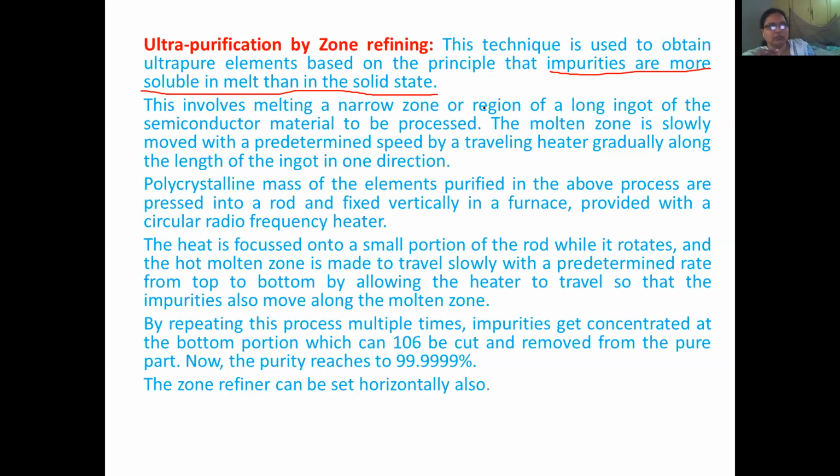So what we do here is we take a long rod of it and start melting that. The molten zone is slowly moved with a predetermined speed by a traveling heater gradually along the length of the ingot in one direction.